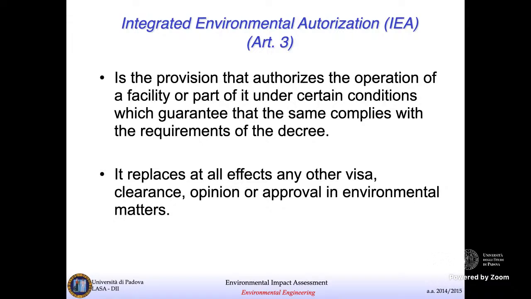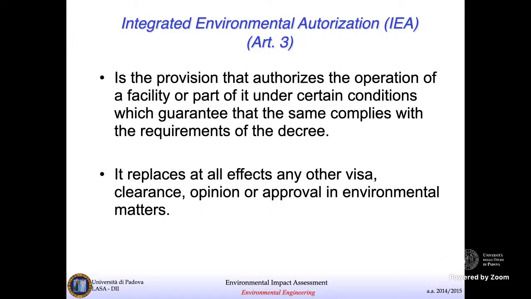The integrated environmental authorization, that is the outcome of an IPPC procedure, is the provision that authorizes the operation of a facility or part of it under certain conditions which guarantee that the facility complies with the requirements of the decree. It replaces at all effects any other visa, clearance, opinion, or approval in environmental matters.